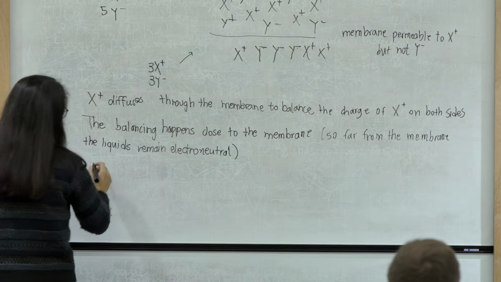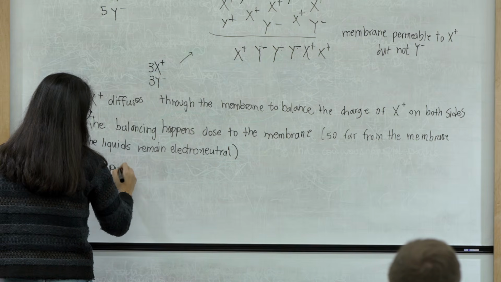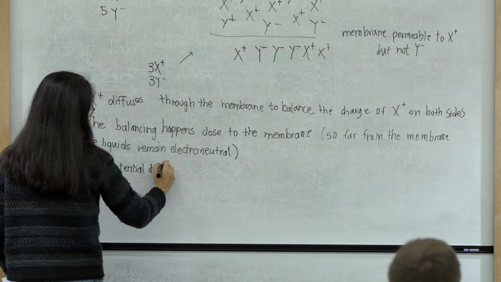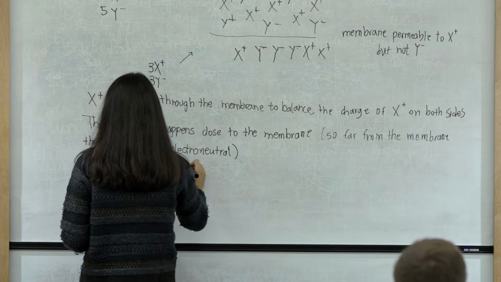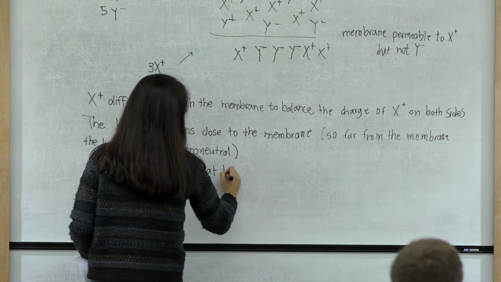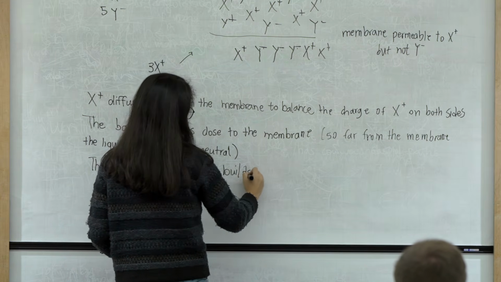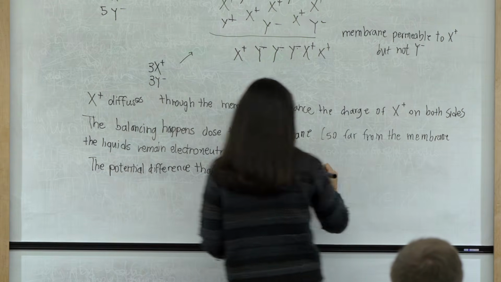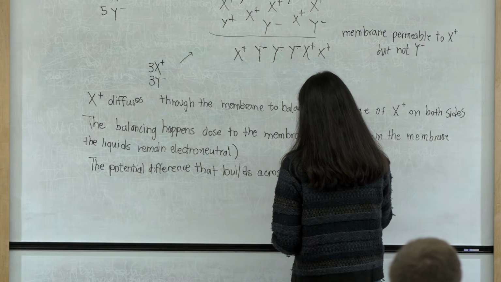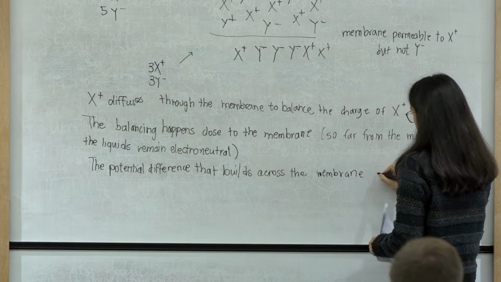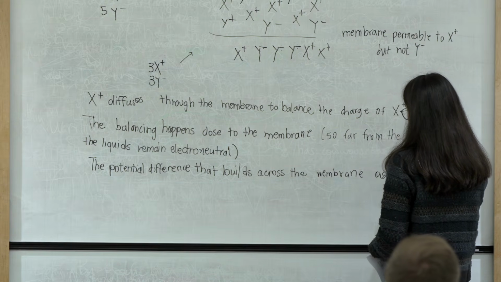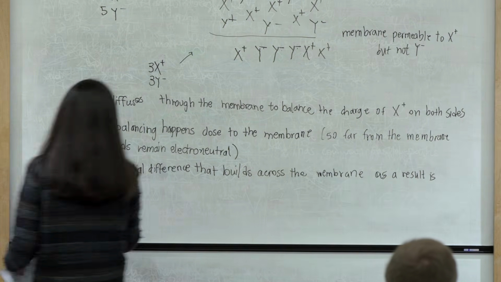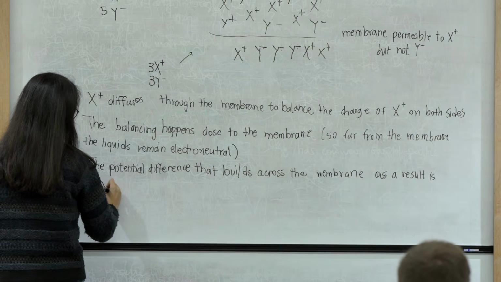Okay, and the potential difference that builds across the membrane as a result is the Nernst potential again.